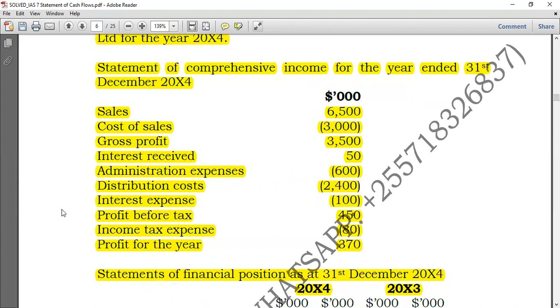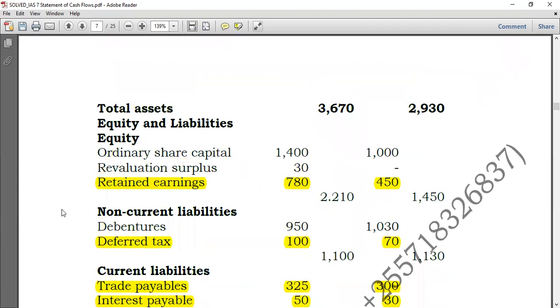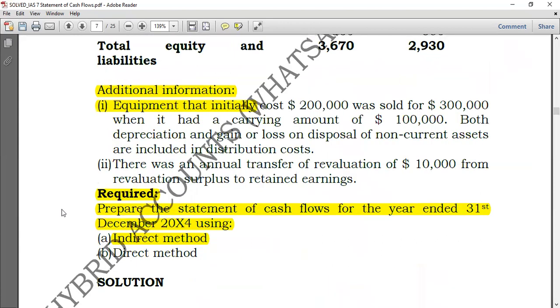So how do I get depreciation? How do I get gain or loss on disposal? I think you could start right away with gain or loss on disposal, right? So what is the gain or loss on disposal? To obtain gain or loss on disposal, I obviously need to take the sales proceeds less the carrying amount. So I sold something for 300,000, but it had a carrying amount or net book value of 100,000.